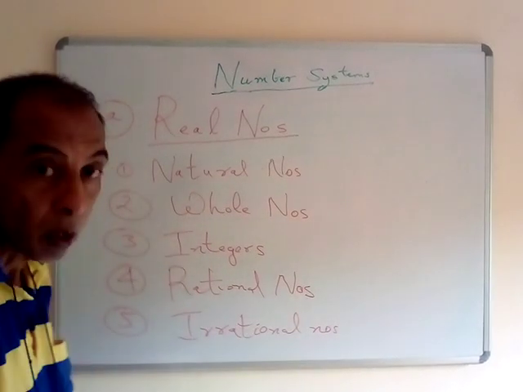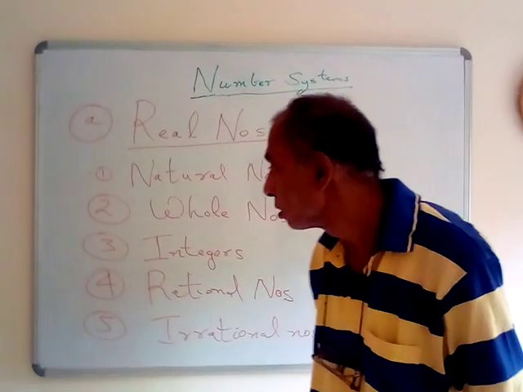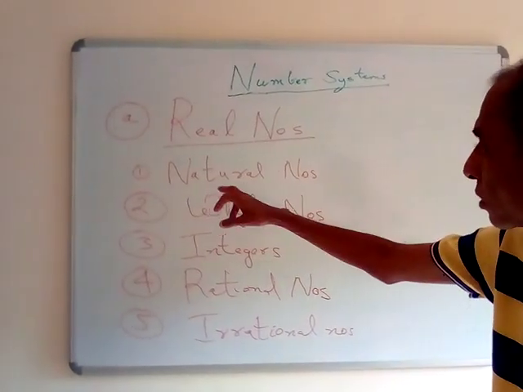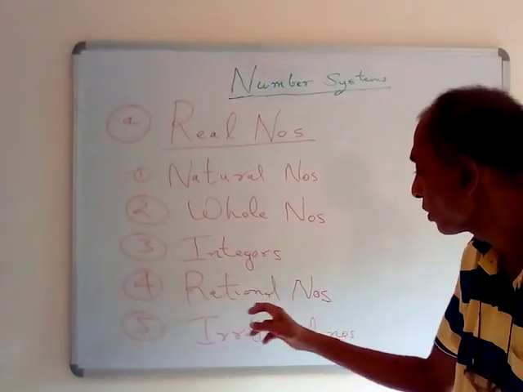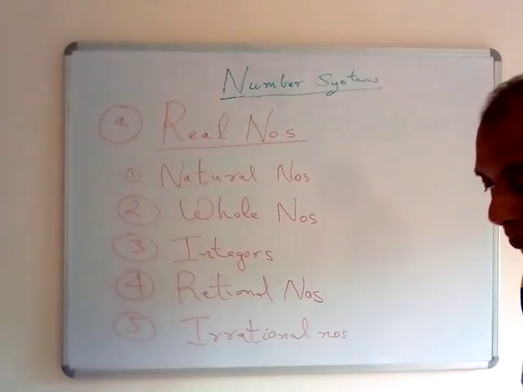So all of these make up the real numbers: natural numbers, whole numbers, integers, rational and irrational numbers.